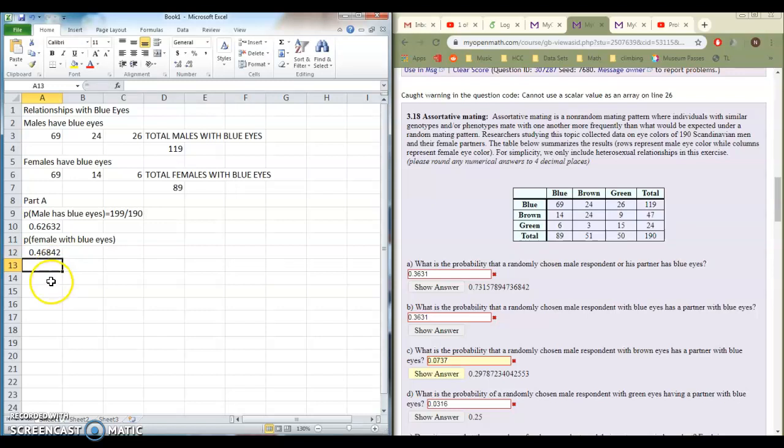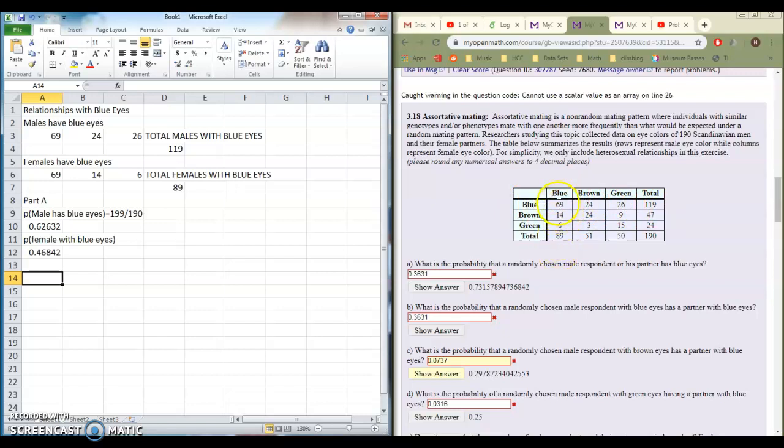And so we want the probability that either the male or the female partner has blue eyes, but notice that we have double counted. The 69 represents these couples, where the male and the female both have blue eyes. So we counted it when we went for the males, and then we counted it again when we went for the females.